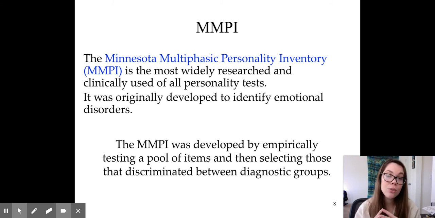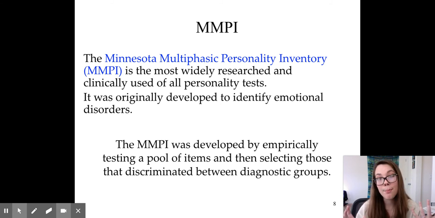Originally, this test was identified for people who have emotional disorders, so this falls under abnormal psych, but it was developed in a broader sense now, and it is used most often in psychiatry.